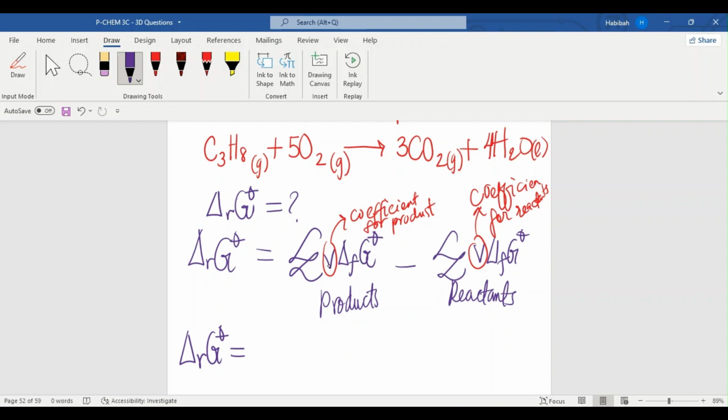So next, we're going to apply this formula to this particular chemical equation. You have the standard formation for the product side.